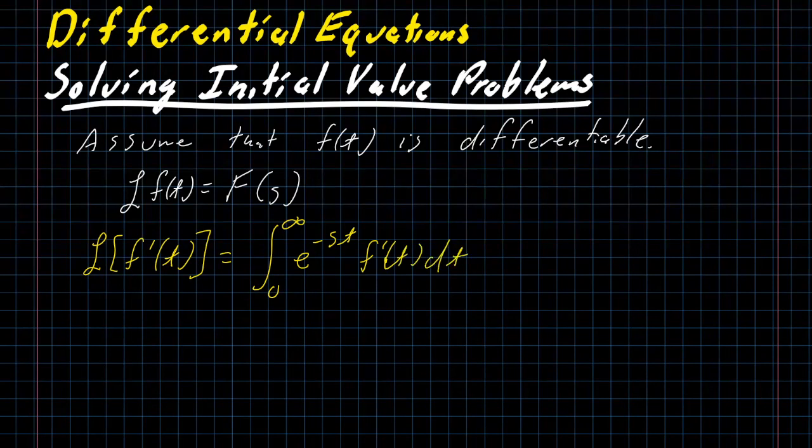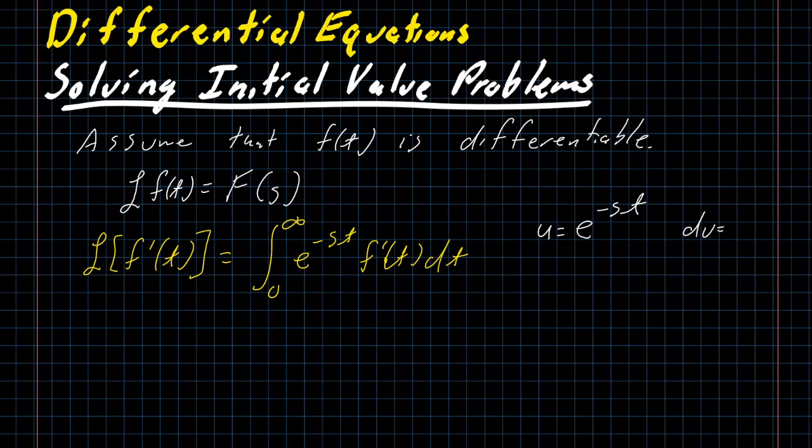And as we saw in the previous video, whenever we are looking at evaluating an integral for the Laplace transform, chances are very good that we're going to want to use integration by parts. This is a little bit of an odd one because we're going to set u as e to the minus st. We're actually using the exponential function as u. And that's because the other function is a derivative.